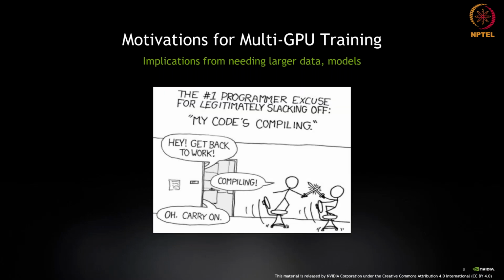This is a very interesting slide which I will just show to you. This particular slide represents the life of a data scientist, or the excuse given by a lot of the researchers who are working, because in the earlier days, think of the compilers which we used to use for compiling code.